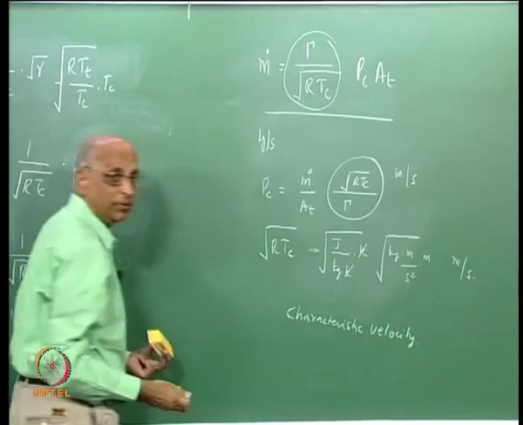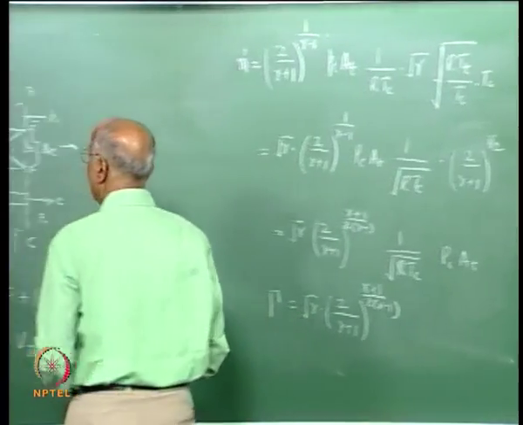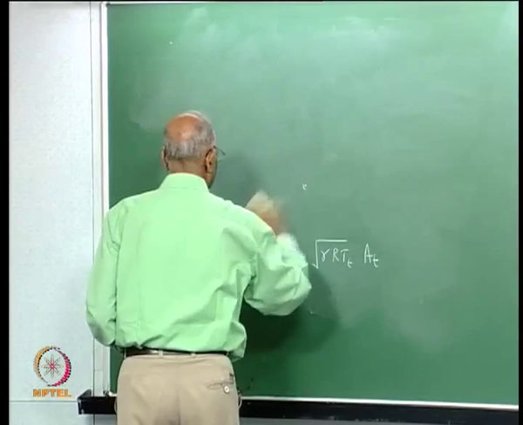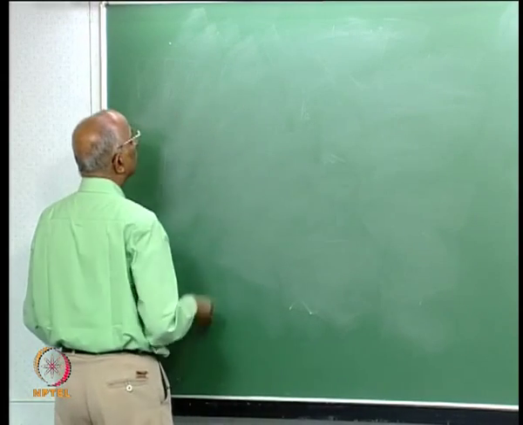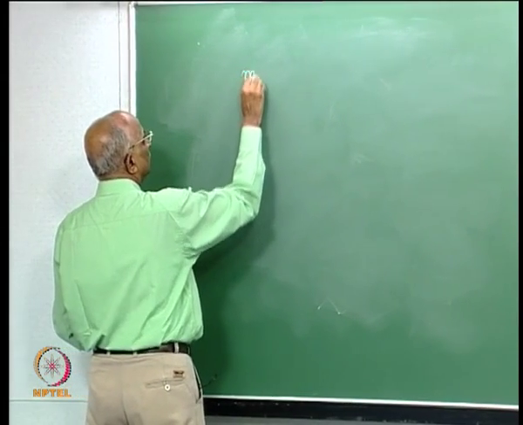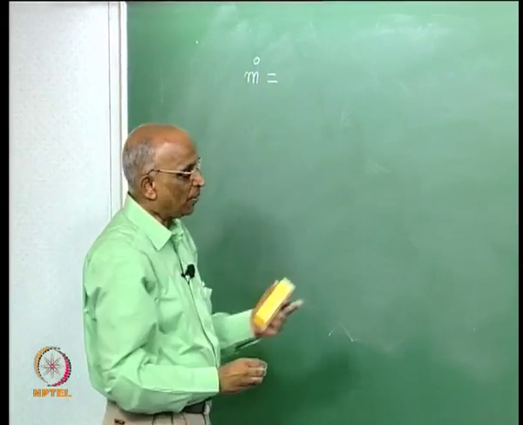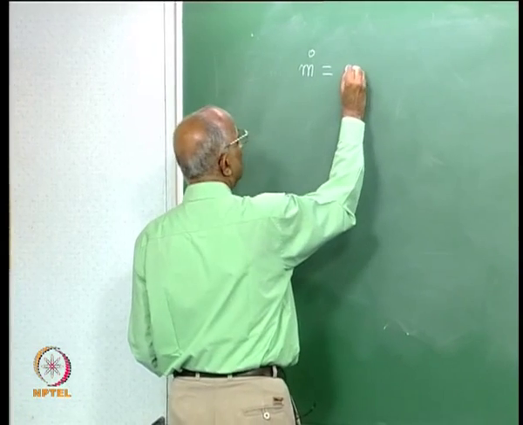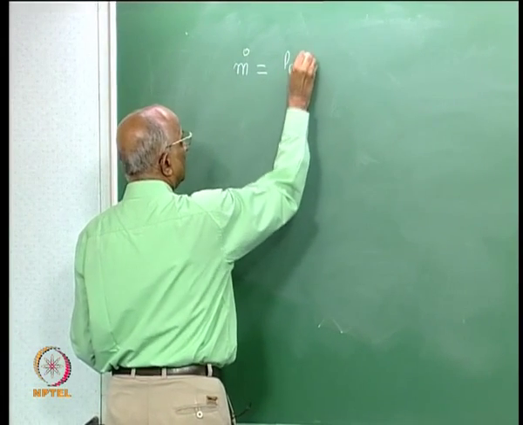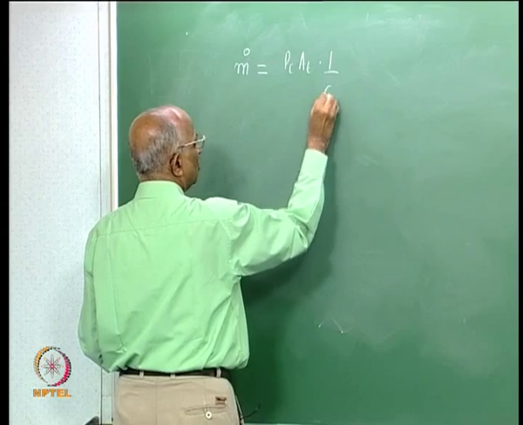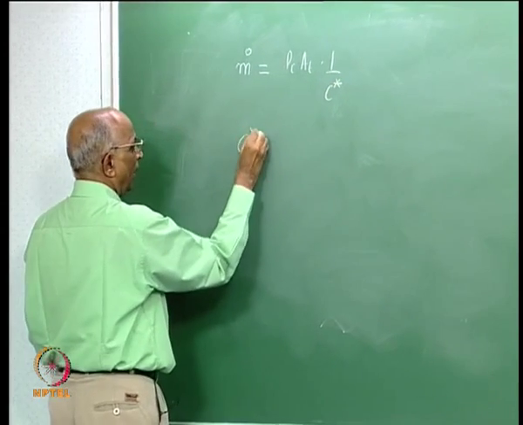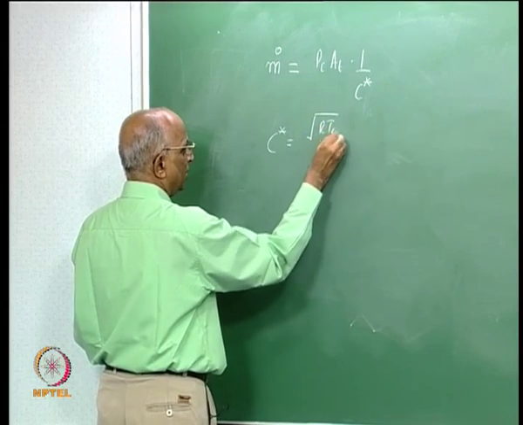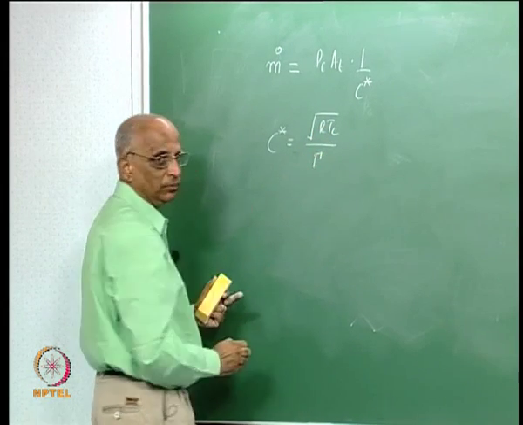Therefore I can now write my value of m dot. From that expression I get m dot is equal to PcAt into 1 over C star, where C star I define as a characteristic velocity which is equal to under root RTC by capital Gamma.